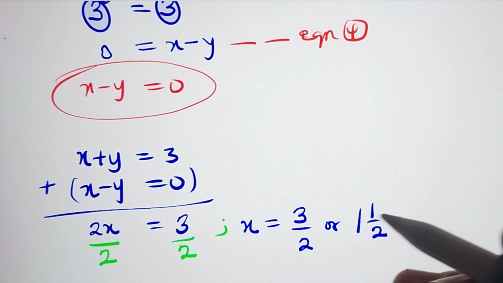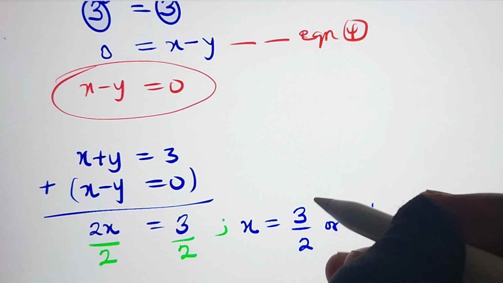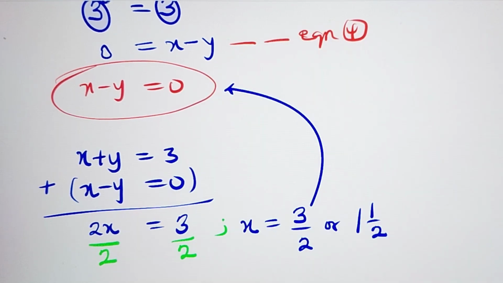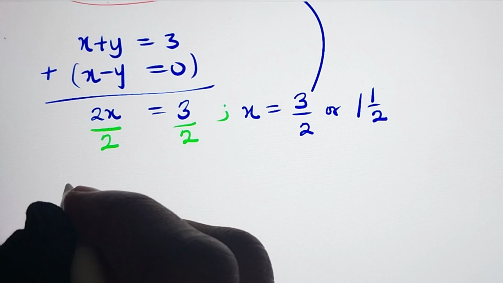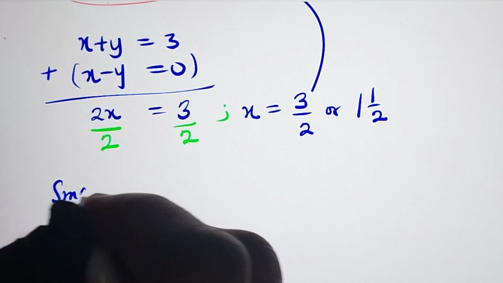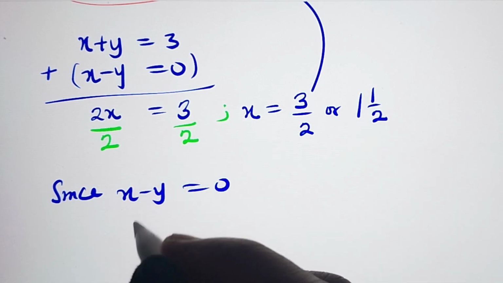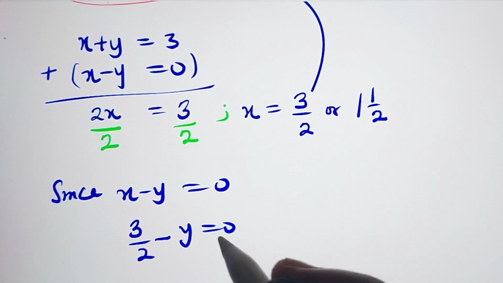We can now substitute this value into any of the equations 1 to 4, but I can do that here into this equation here. That's equation 4. So since x minus y is equal to 0, and now x is 3 over 2, I have 3 over 2 minus y is equal to 0.